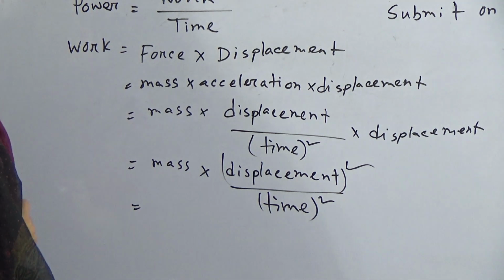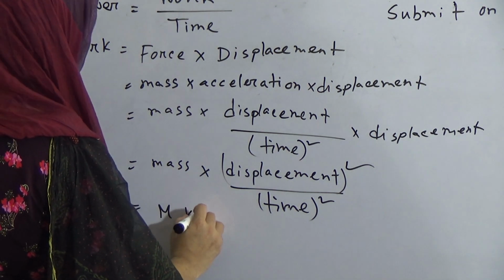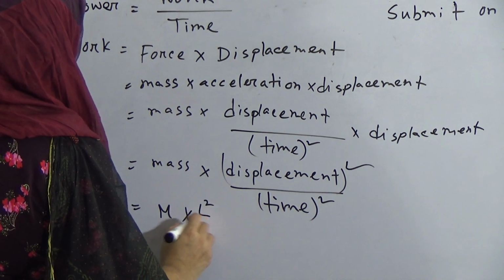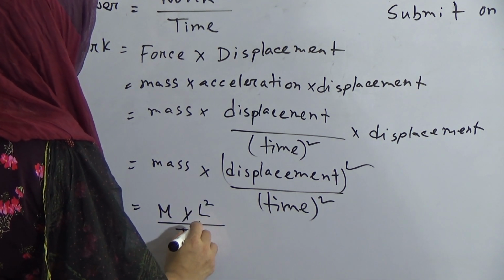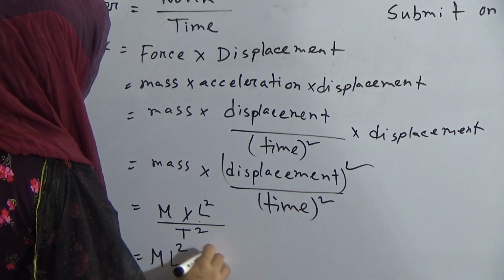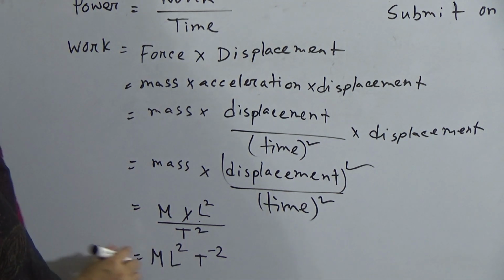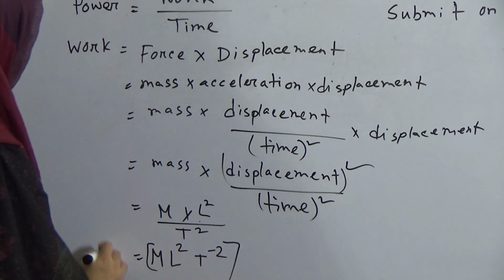So, we can write mass is M, displacement is L, and time is T. So, we can write like this, M L square per T square. Okay, this is the dimension of work.